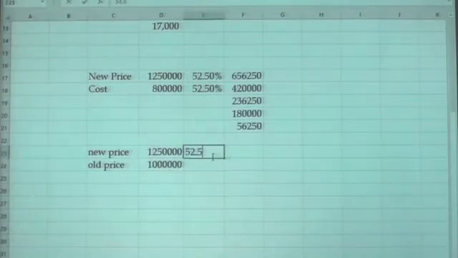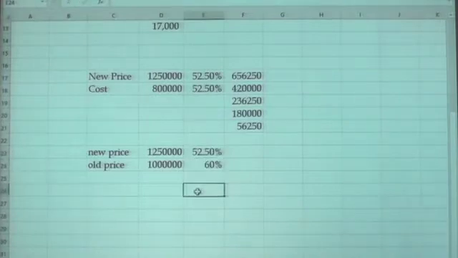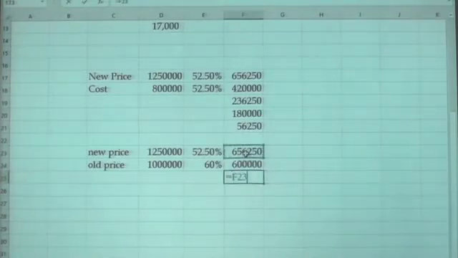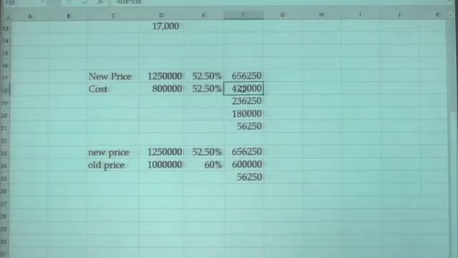Now your percentage is 52.5, previously the percentage was 60%, remember. The new revenue would be this into 52.5, the old revenue was 600,000. Again you can see the difference is 56,250, both same. Clear? You can calculate by both methods, because cost cannot be changed in both circumstances, only revenue will change due to the change in the price and the percentage.